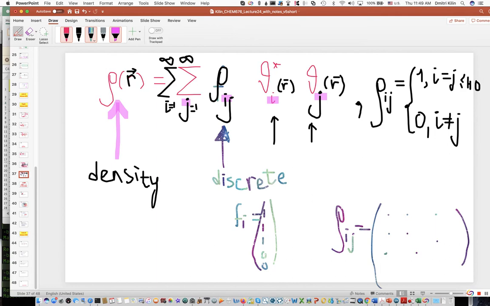And this matrix is related to which physical quantity? This is a matrix that helps us to construct density out of orbitals, right? It is related to density. So the good word for it will be density matrix.